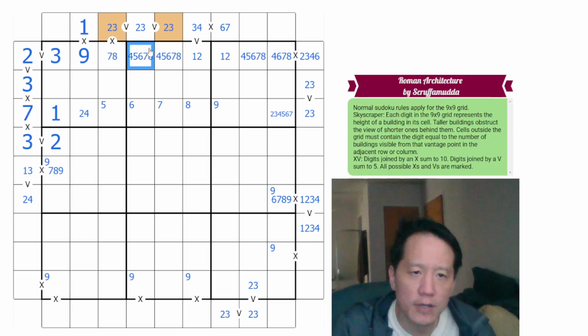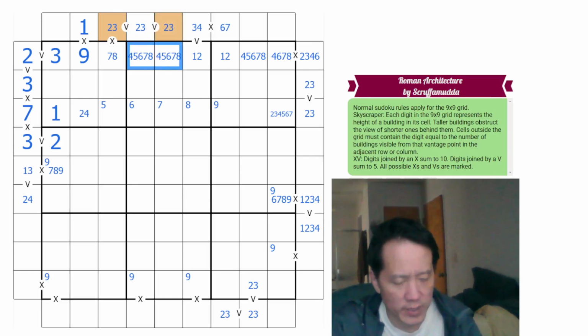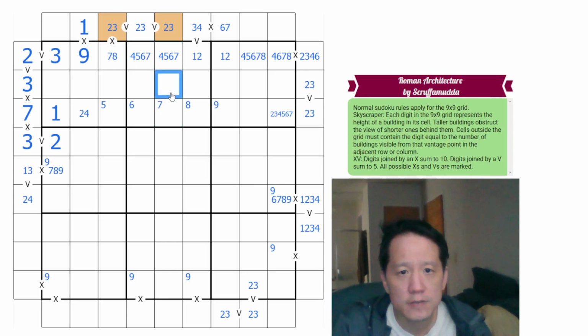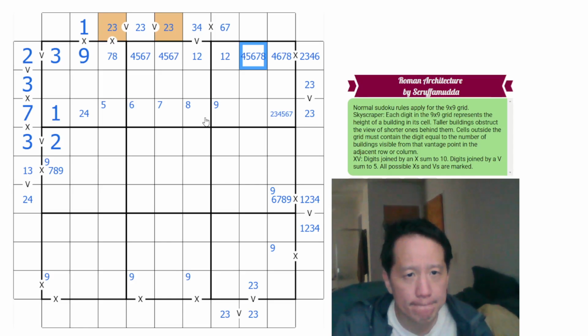These cannot be 8. If this is 8 or this is 8, that would mean this would be 2, guaranteed. But since neither of these have an X next to them, neither of these can be 8. This could be 8. This could be 2 with 7, right?